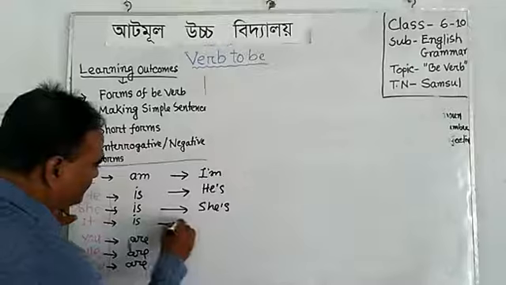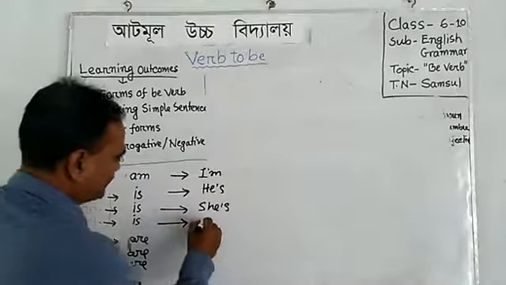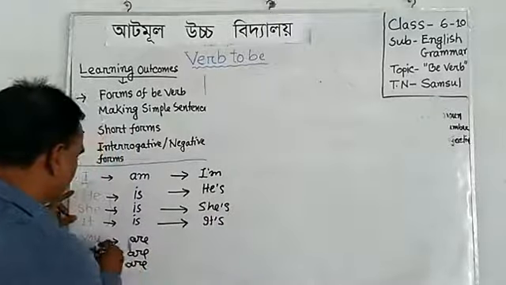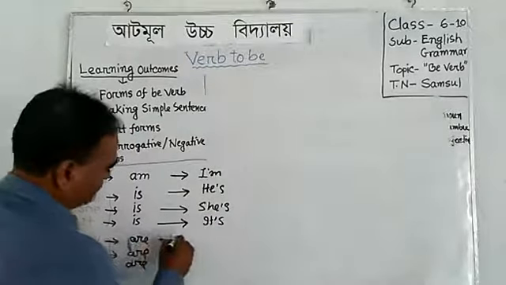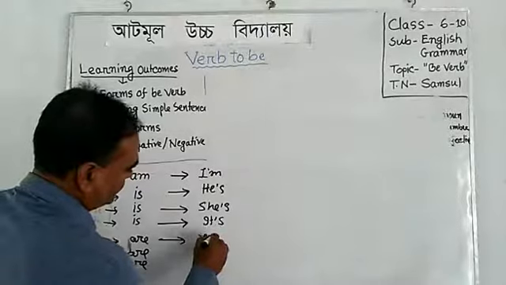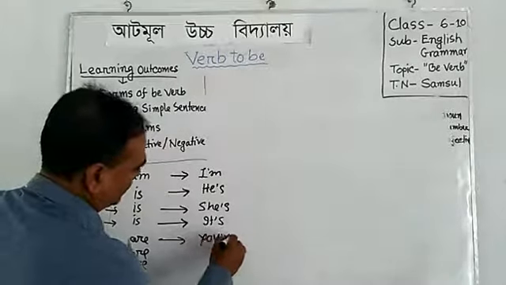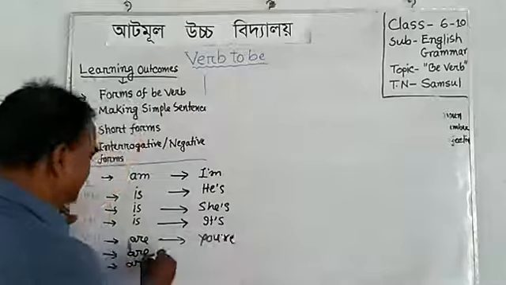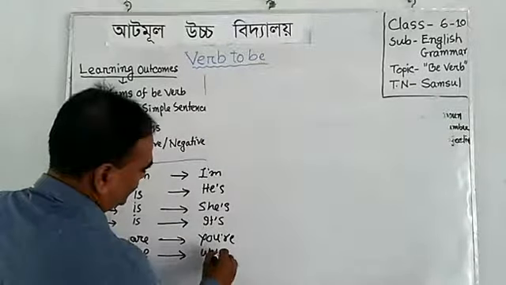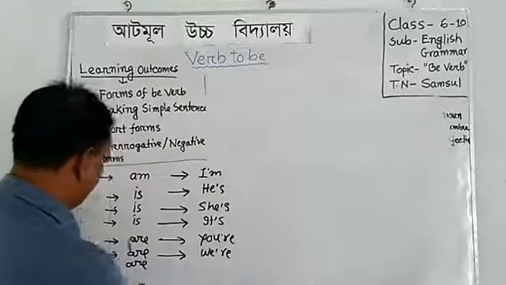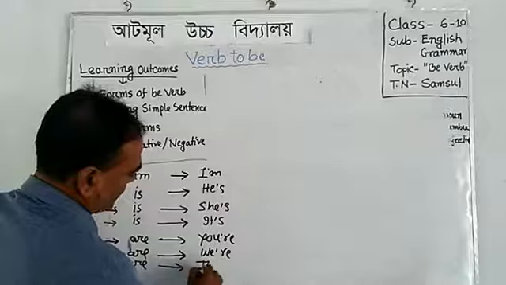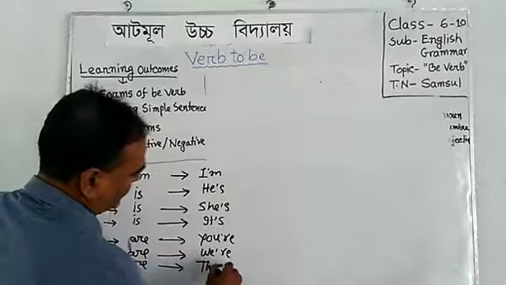It is, the short form is it's. You are, the short form is you're. We are, the short form is we're. They are, the short form is they're.